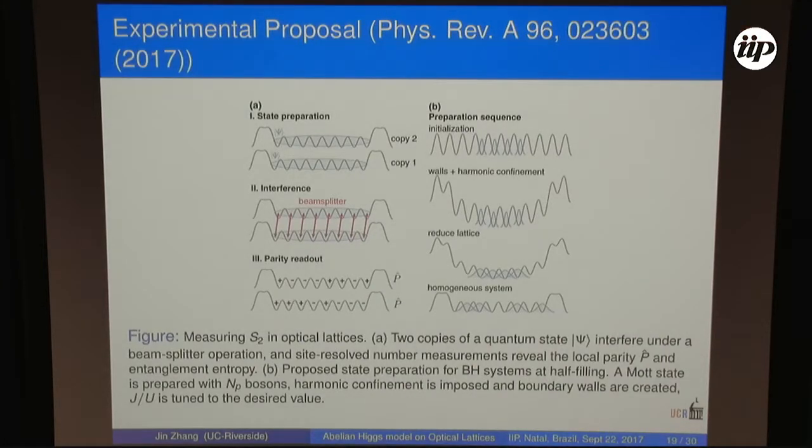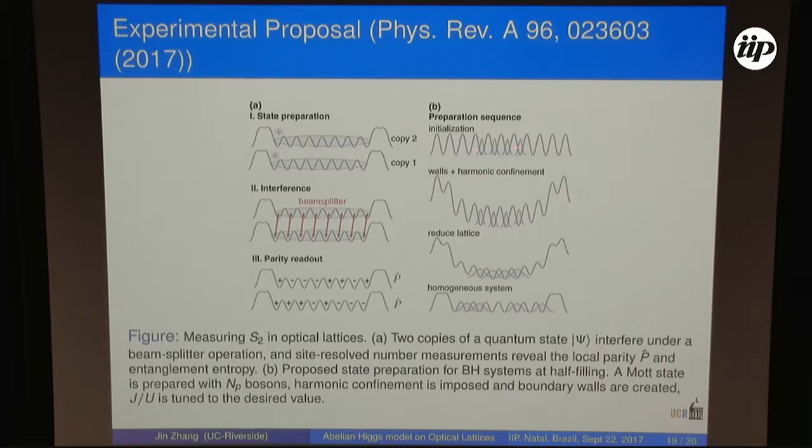Now let's see the experimental proposal. Let's see the B figure. So the B figure is to diabatically prepare the ground state, the half-filling ground state. Initially we have the Mott insulator. For example, this is for 4 particles in 8 sites.